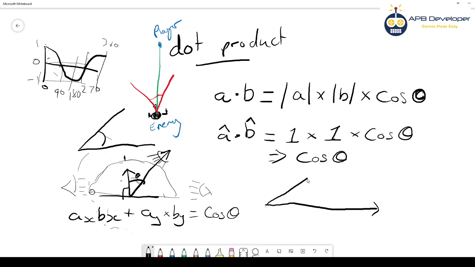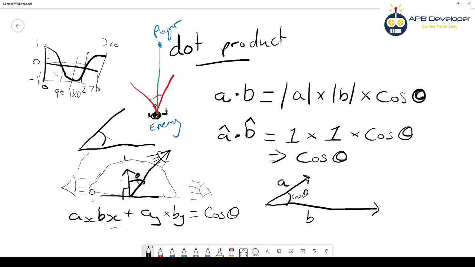So if we've got this vector here, and we'll call this one vector A, this one's vector B. This will be cosine of theta.